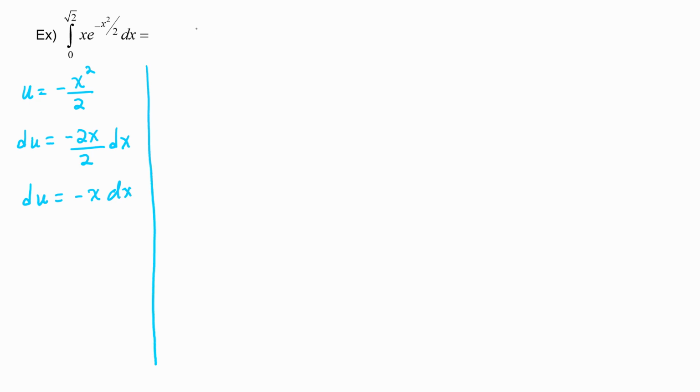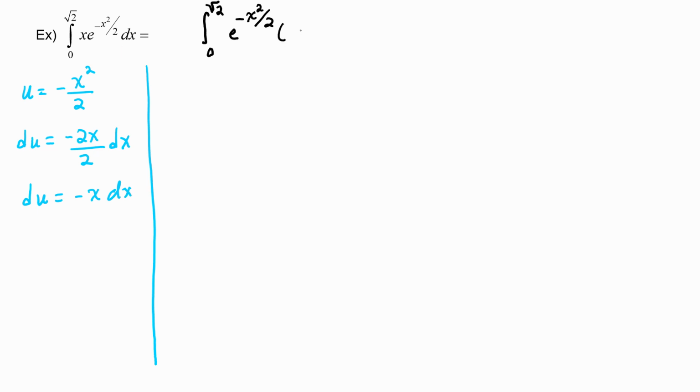So let's reorganize a little bit. We've got the integral from 0 to radical 2. I'm going to write the e to the negative x squared over 2 first, because I see that I need that x, that's right here, over here with the dx.